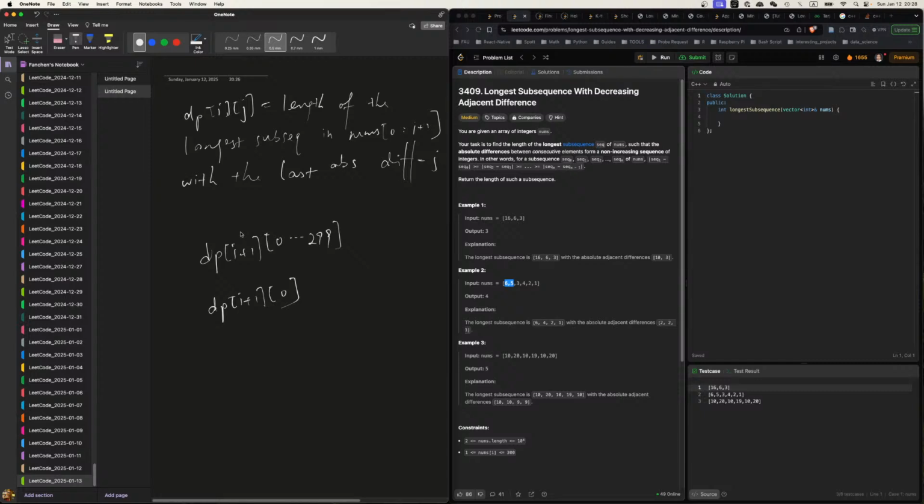I feel like it has to be ending at nums[i]. But if you do ending at the i plus 1, ending at here, then you have to go through every single one before. And that's something I don't want to do, because that will turn into n squared. I don't want to go through every single one, because I'm ending at a certain point.